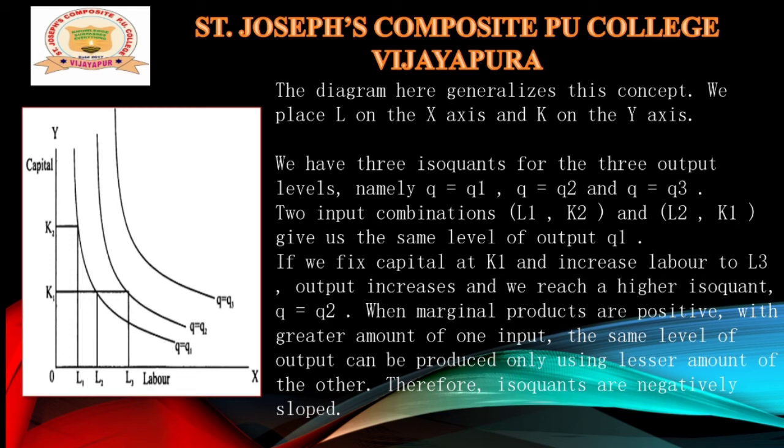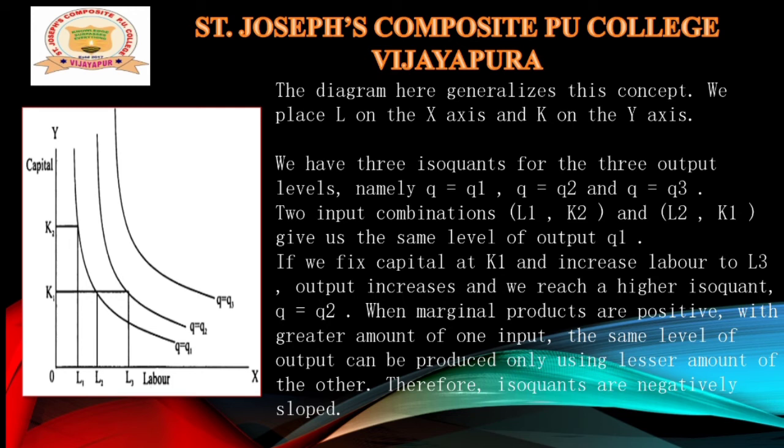If we fix capital at K1, and if we increase the labor to L3 and output also increases, then we reach a higher isoquant, that is Q2. What is the meaning of this?